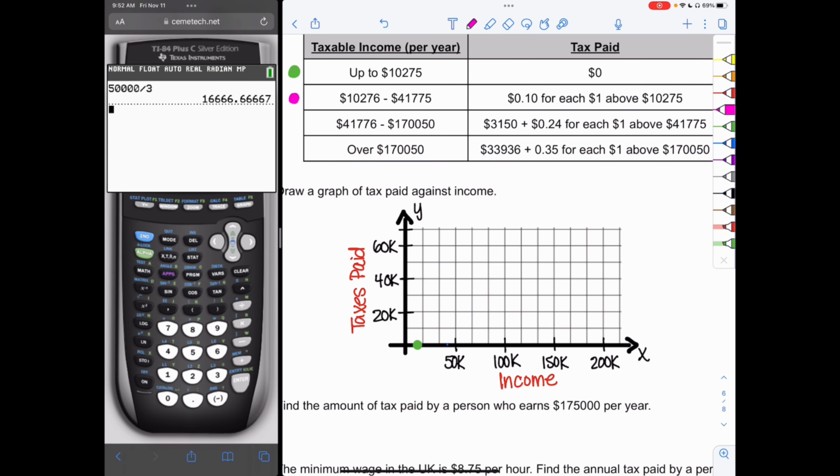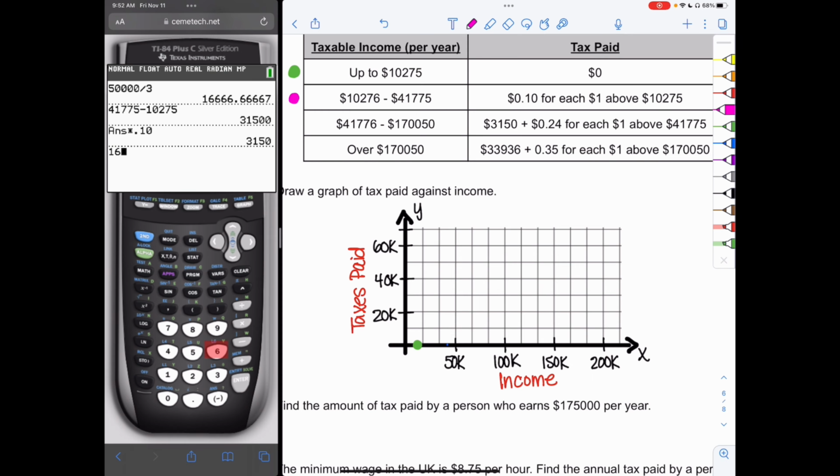For $41,775, I subtract $10,275 to find how much money I would pay taxes on, which is $31,500, and multiply that by 10 cents per dollar. So I need to pay about $3,150 on a salary of $41,775.